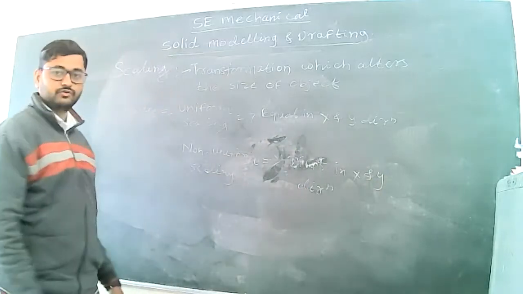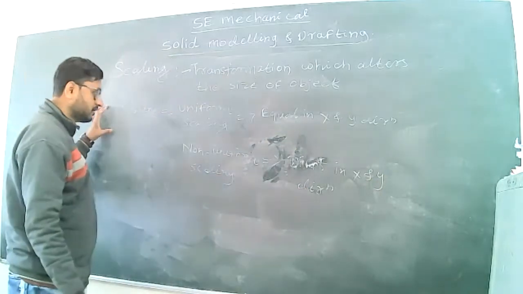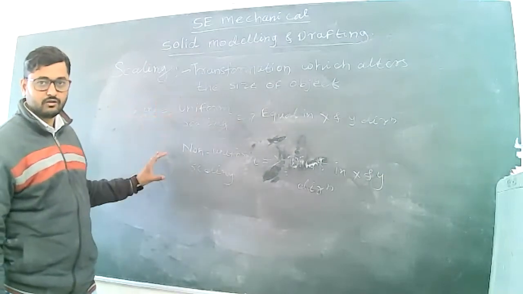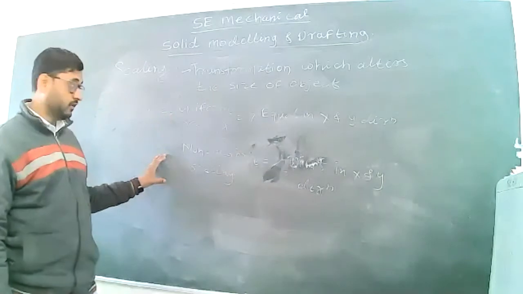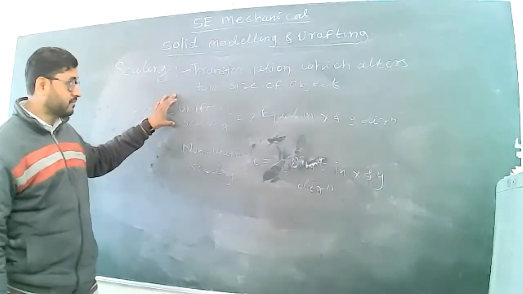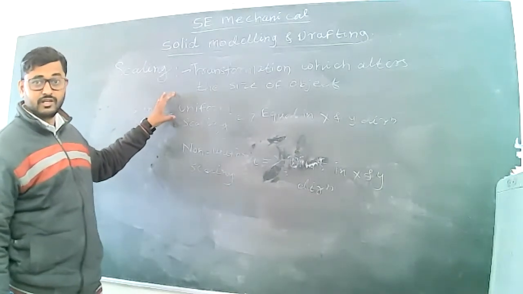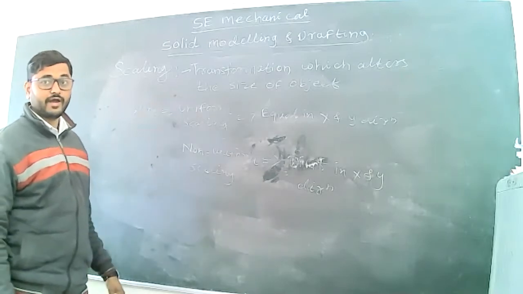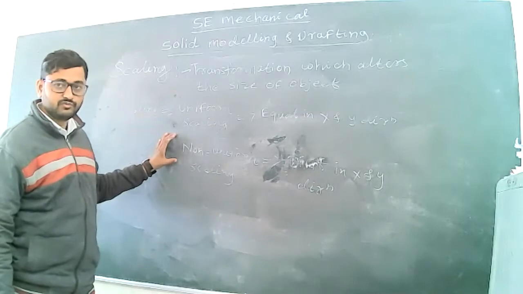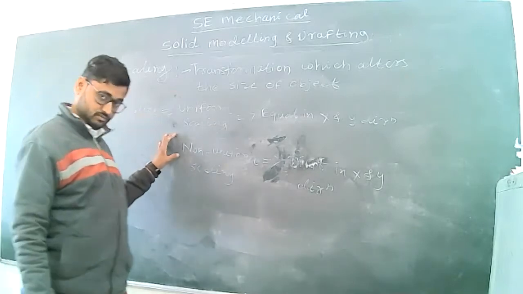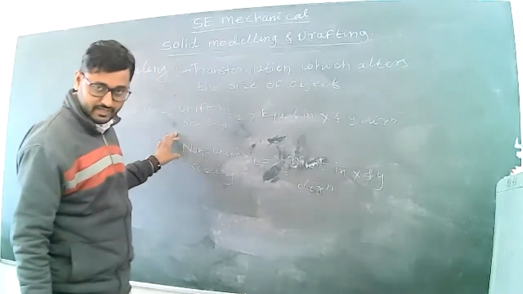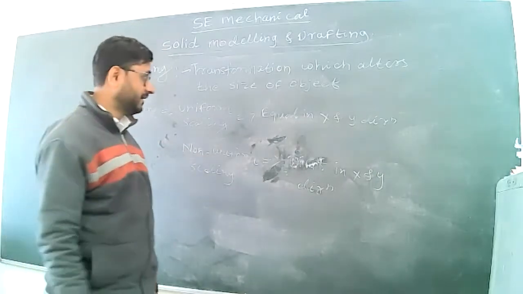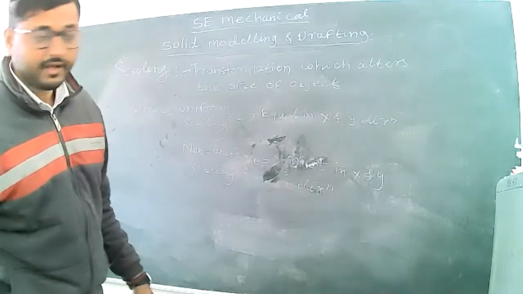That is called as non-uniform scaling. These are the two important types of scaling. So students, uniform scaling is where the scaling of object is equal in x and y direction, and non-uniform scaling means the size of object is different in x and y direction.